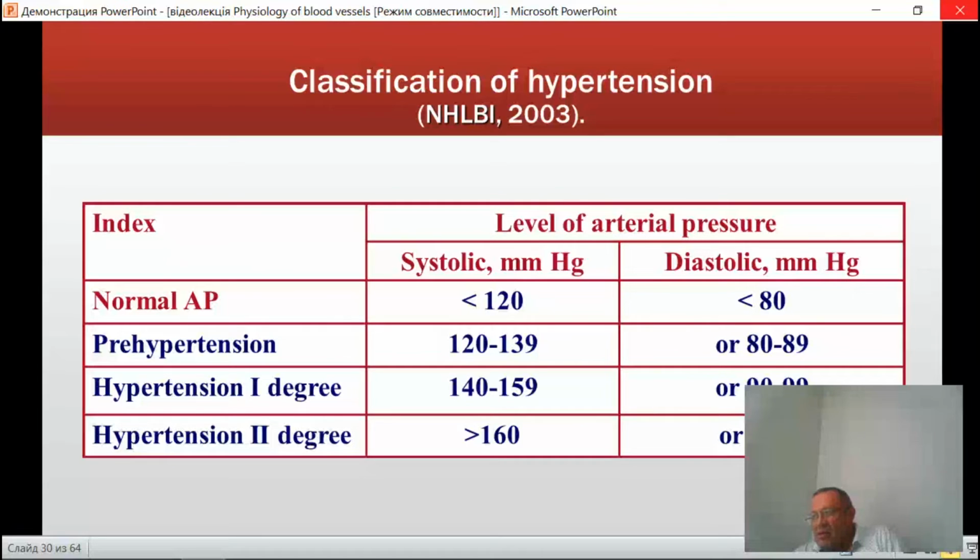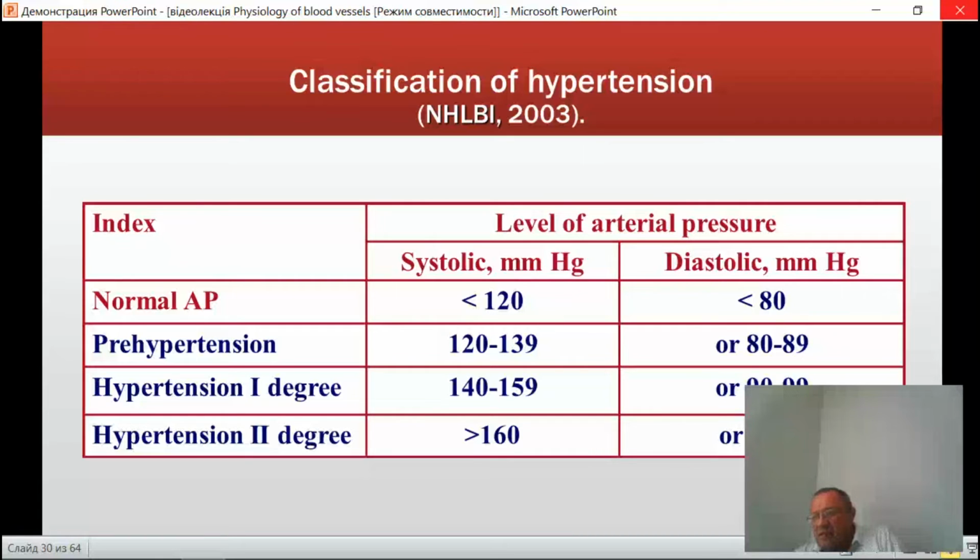Pre-hypertension condition is between 120 to 139 millimeters of mercury for systolic blood pressure and 80 to 89 for diastolic blood pressure.